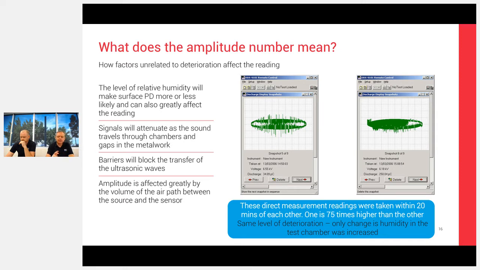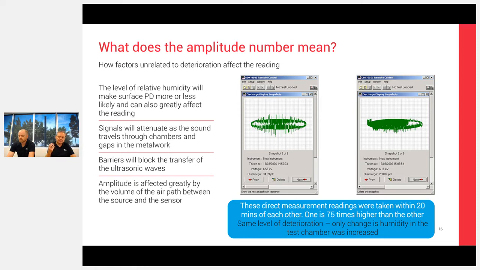The only thing that has changed is the level of humidity in the atmosphere in that test chamber. So making an assessment of the number based purely on one spot measurement is not really a very relevant thing to think about in judging how serious it is, because you get 75 times more with the same level of degradation just because of the humidity.